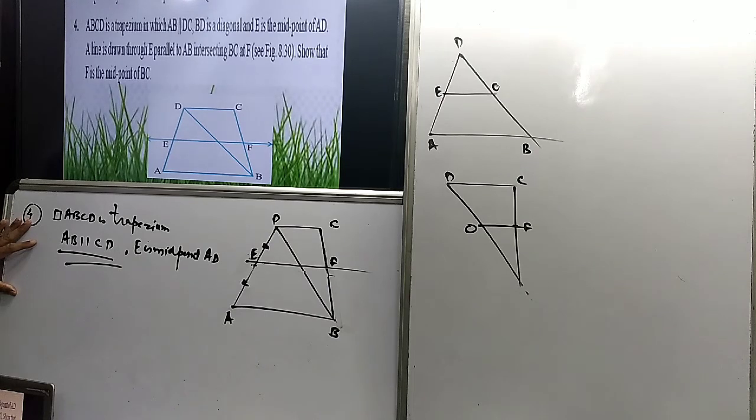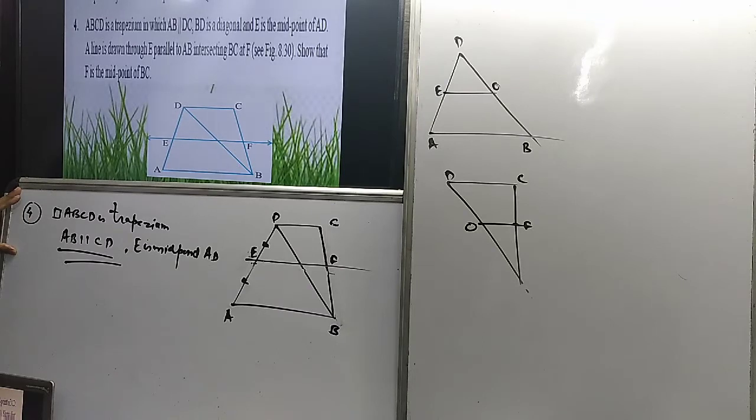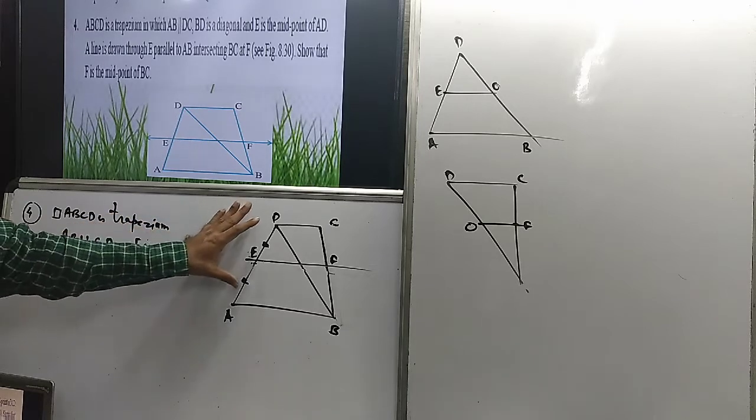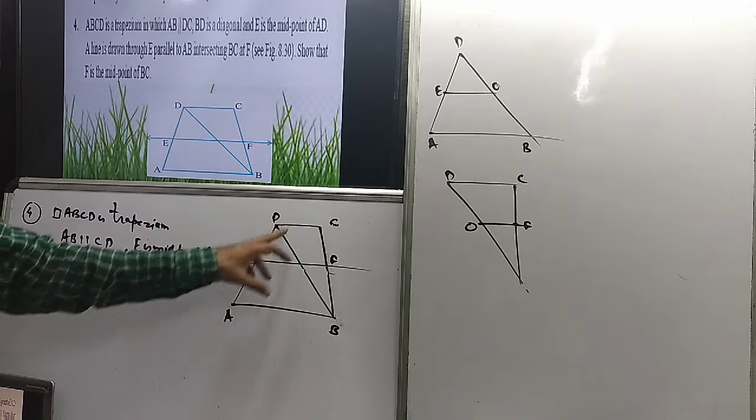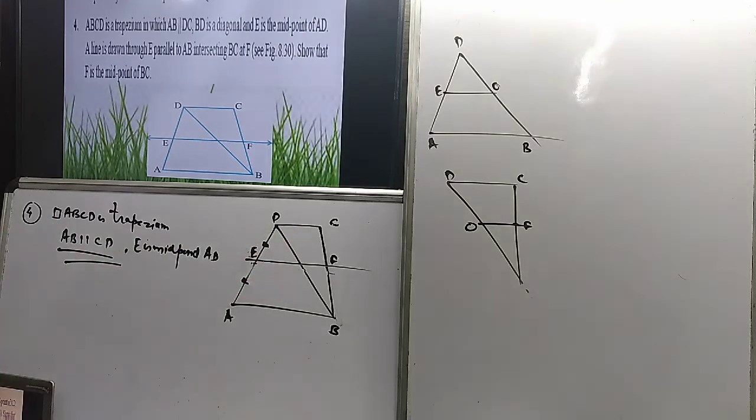What is given in the fourth problem of this exercise? That quadrilateral ABCD is a trapezium. You know that a trapezium is a quadrilateral having one pair of opposite sides parallel. That is given: AB parallel to CD in quadrilateral ABCD.